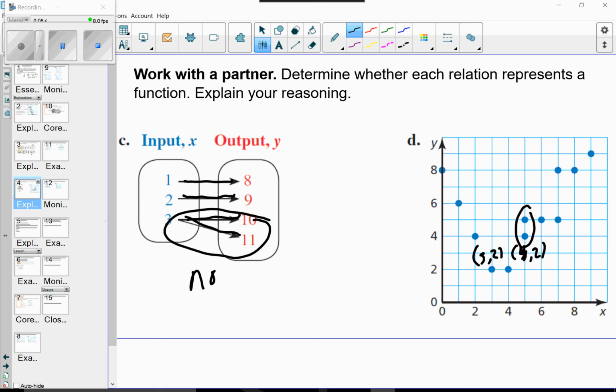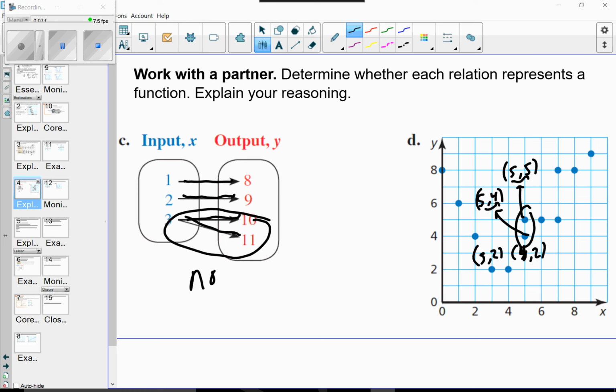My top one is going to be 5, 5, but this one is going to be 5, 4. And that is a problem because 5 goes to 4 and 5 goes to 5. That is not a function. 5 can only go to 4 or 5 can only go to 5. 5 can't go to both.